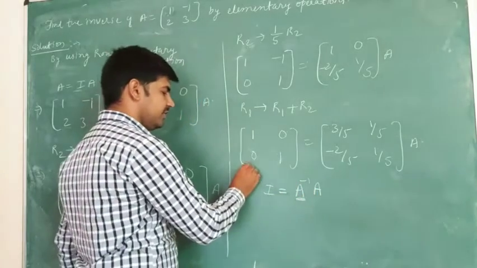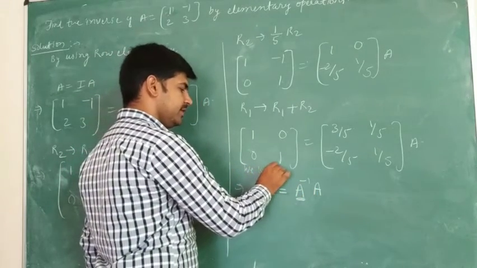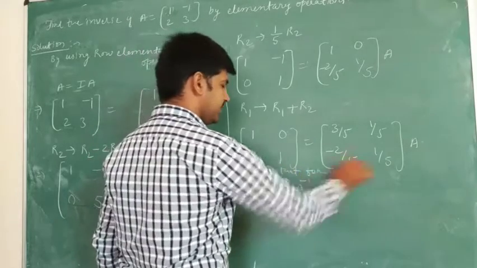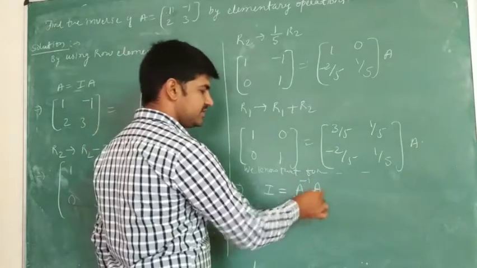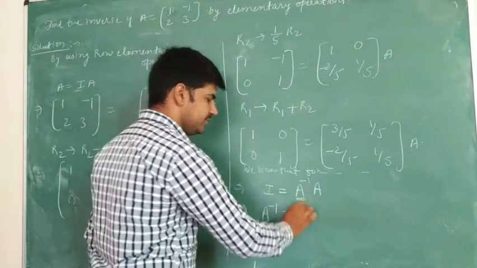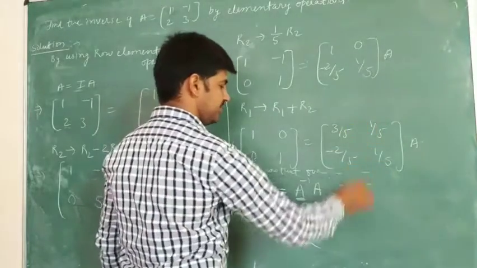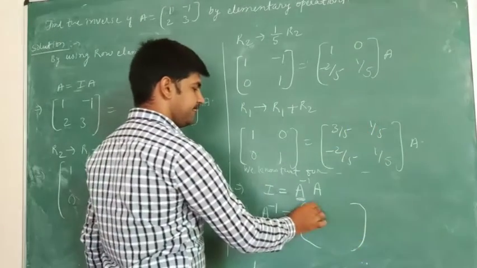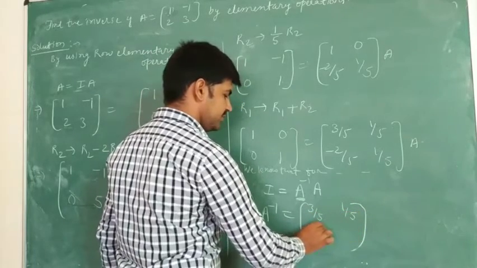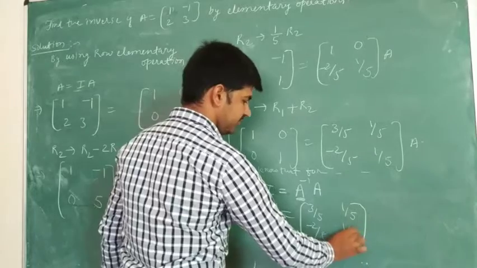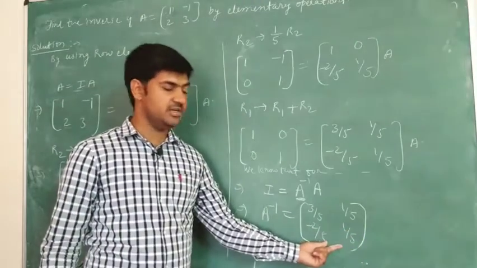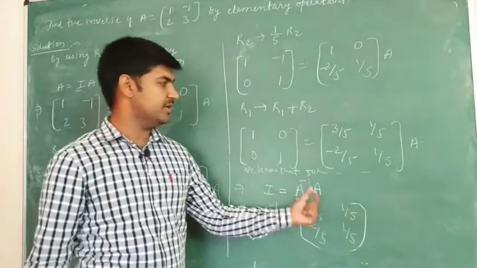So you can write, we know that for a square matrix A, I is equal to A inverse times A, and that implies that A inverse is equal to this particular matrix, and that we can write as 3 upon 5, 1 upon 5, minus 2 upon 5, and 1 upon 5. This is the inverse of matrix A.